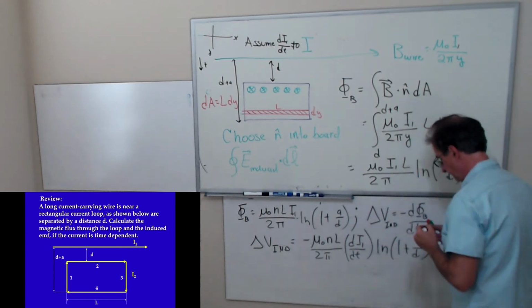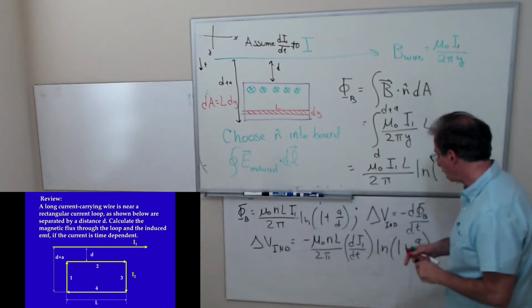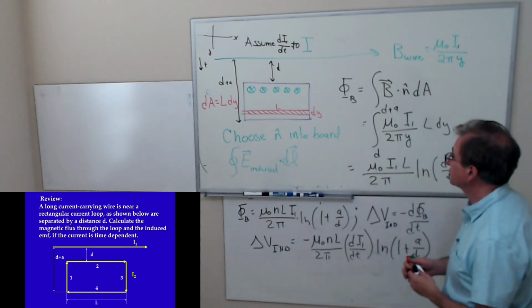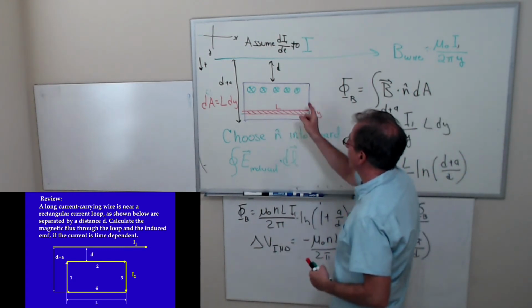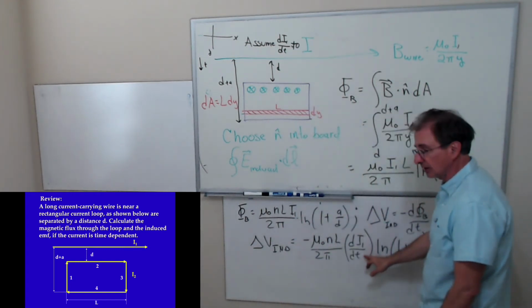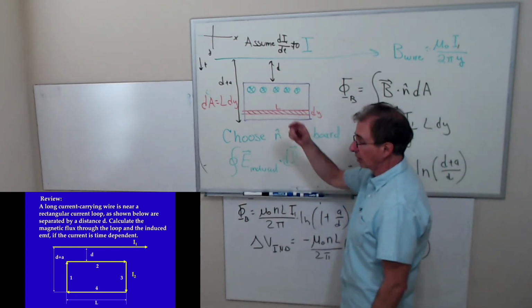That's it. And if the dI/dt is bigger than 0, the induced current will be counterclockwise. If dI/dt is less than 0, then the induced current will be clockwise.